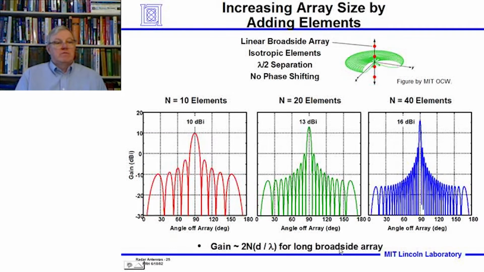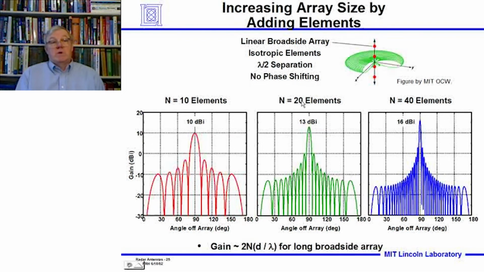So the gain for a long broadside array is twice the number of elements times the spacing divided by lambda. And if d is lambda over 2, then the gain is just the number of elements. Simple. Long linear elements, 10 elements, the factor of 10 is the gain.